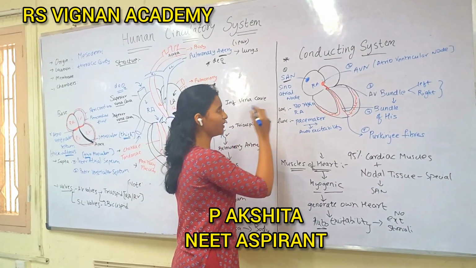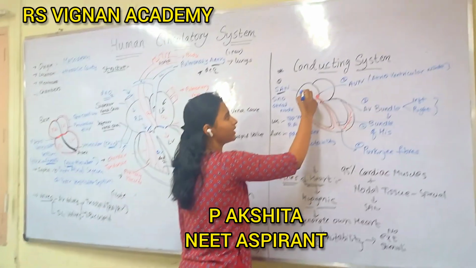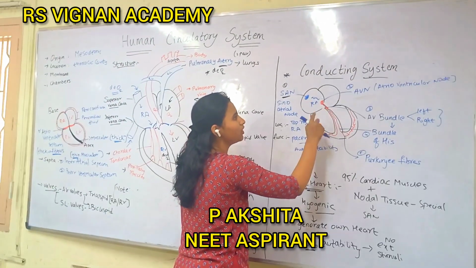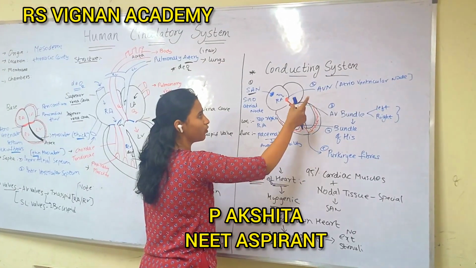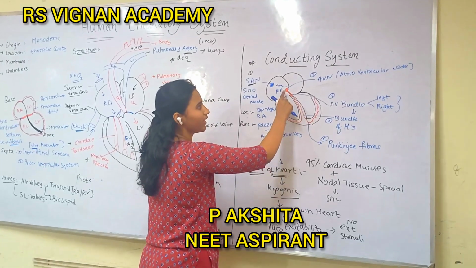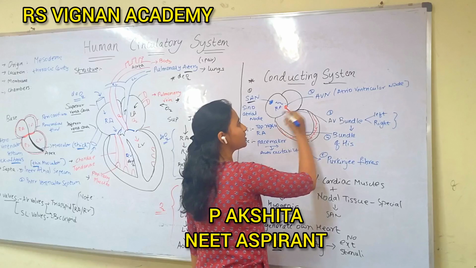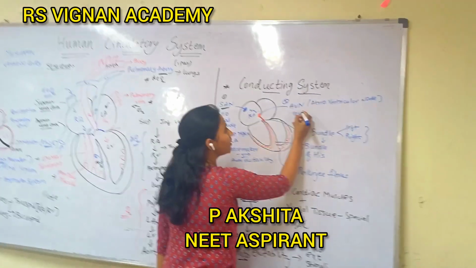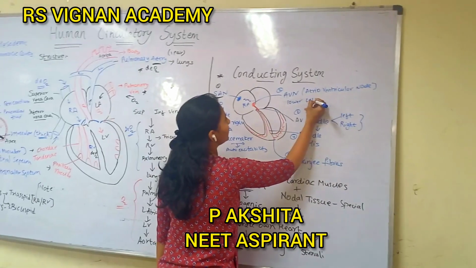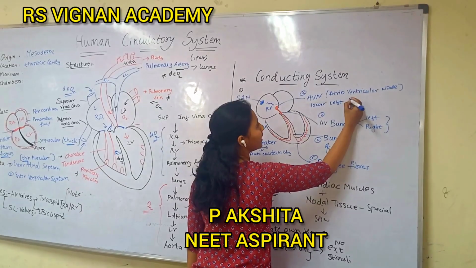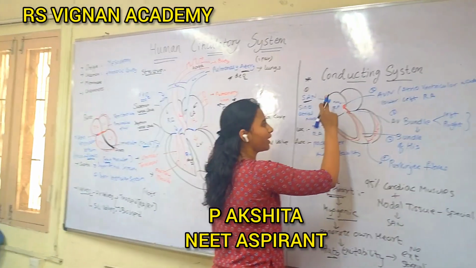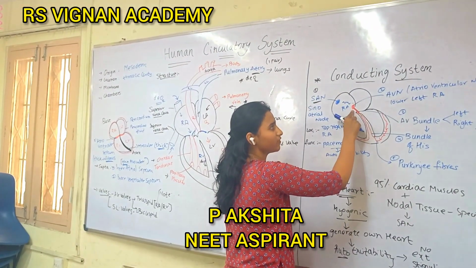Now the impulses from the sinoatrial node are transferred to another patch of nodal tissue called the AV, that is, atrioventricular node. Where is it located? This is located at the lower left side of the right atrium. This is the right atrium, and it is located at the lower left side of it.